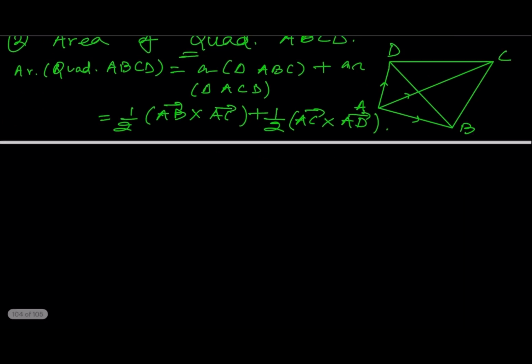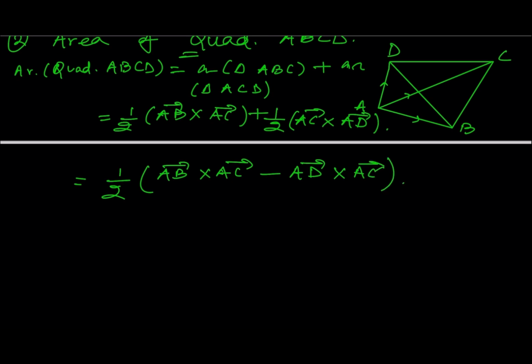Okay, so AB cross AC, half common, AB cross AC plus AC cross AD. Or if I change the order of AC and AD, then the minus sign will be introduced: minus of AD cross AC.